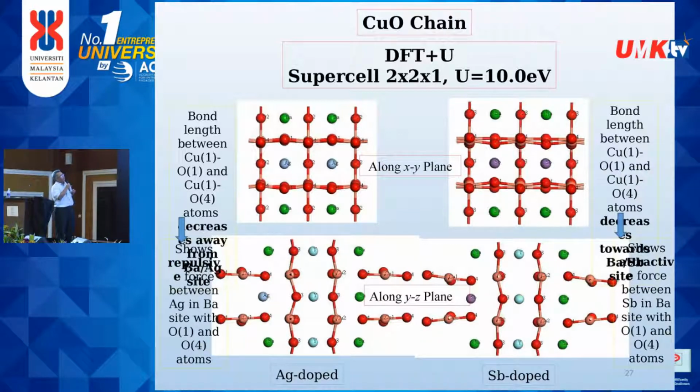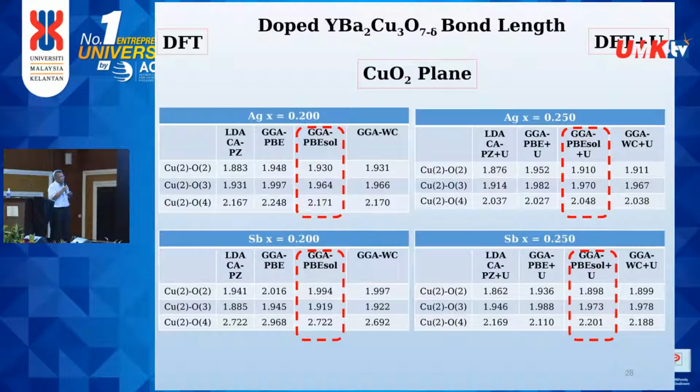Okay, so for doped YBCO bond length in the CuO2 plane, this is all the data. It is about 1.9 in Cu2O2 and Cu2O3, and for Cu2O4 it is around 2.7 angstrom for both dopants.